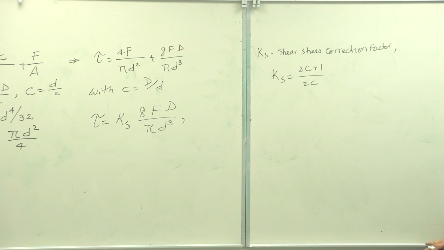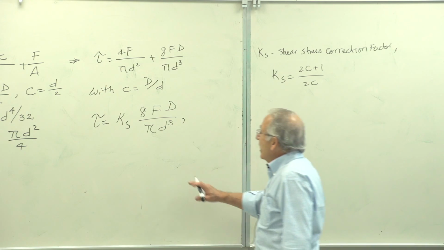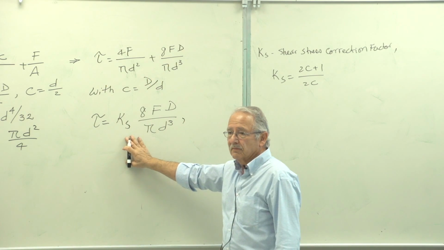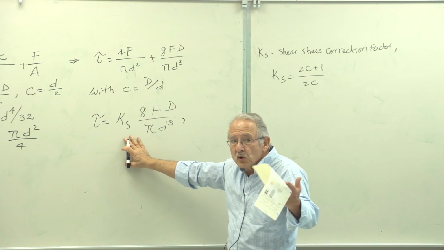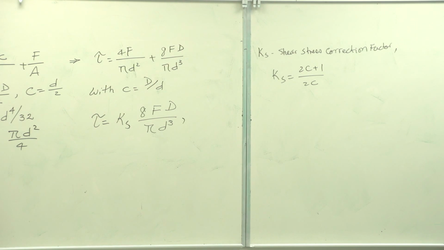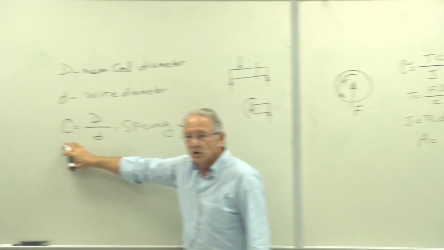Now, the term correction factor I personally do not like because there's no error to correct. It's just a way to write this equation in a simpler fashion. Notice that as soon as you have a spring, you know what its mean coil diameter is.